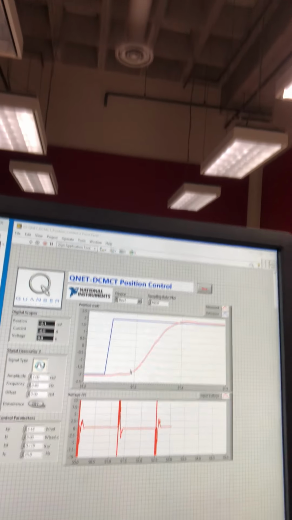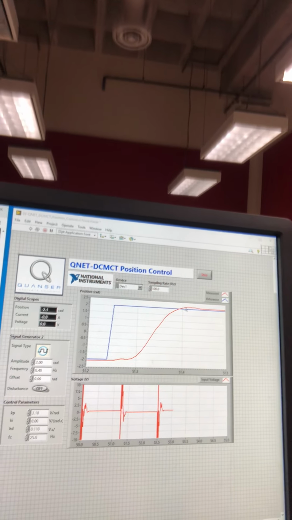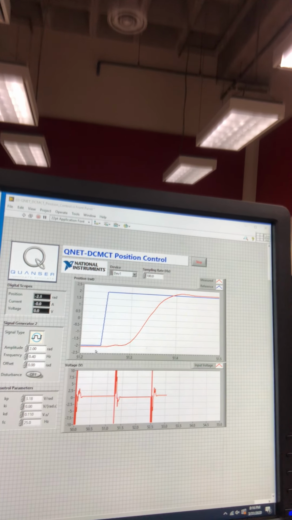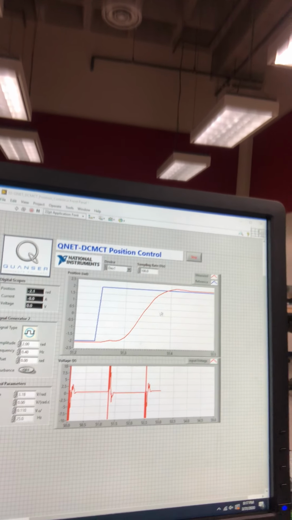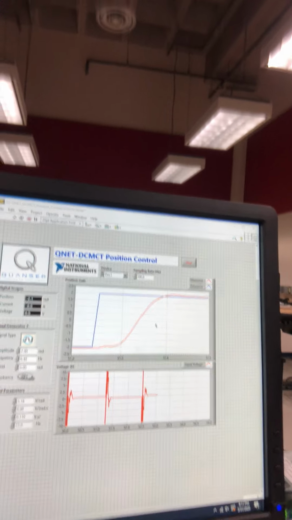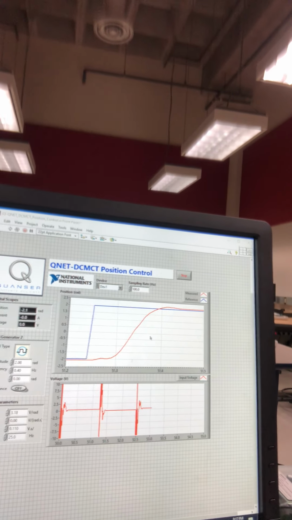Now we need to check if the measured percentage overshoot and peak time is the same or almost the same as what we calculated.